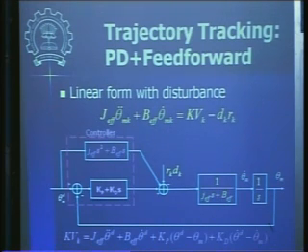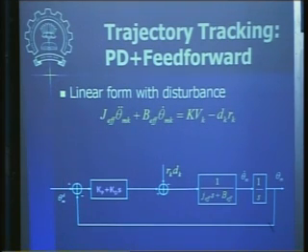To explain again why we use the feed forward term, suppose we have this equation and we are not using the feed forward term. We have just PD control. Then we know that this PD control is acting such that whatever error is getting multiplied by proportional gain.